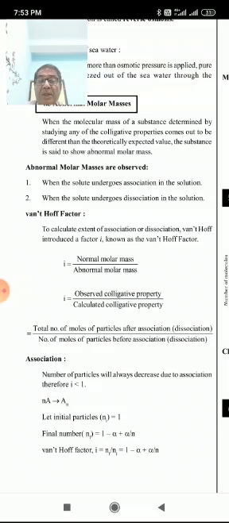Now, here n molecules of A dissolved in water associate to form A_n molecule. Let the initial number of particles N_i be equal to 1. The final number, N_f, is equal to 1 minus alpha plus alpha by n. Here alpha is the degree of dissociation or association.